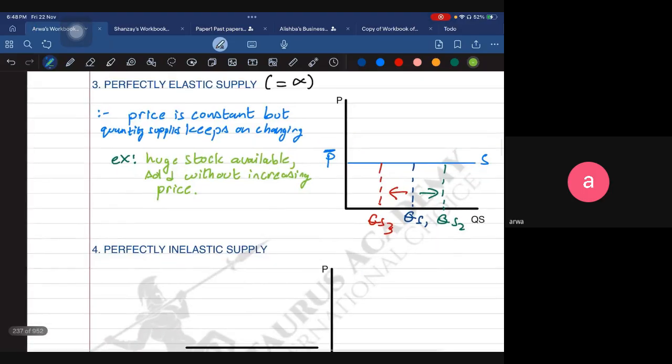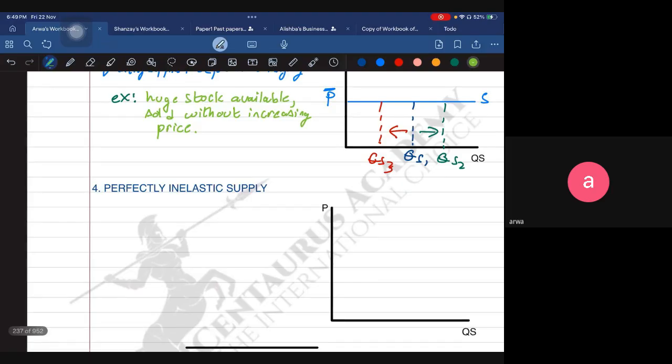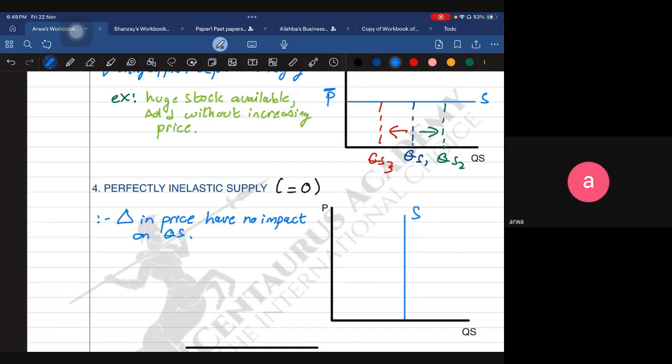Now coming to perfectly inelastic supply, which is equal to zero. The price keeps on changing, but the quantity supplied is constant. A change in price has no impact on quantity supplied. The graph is going to be vertical, like this.